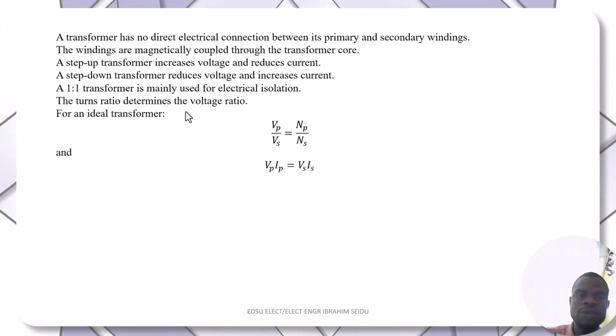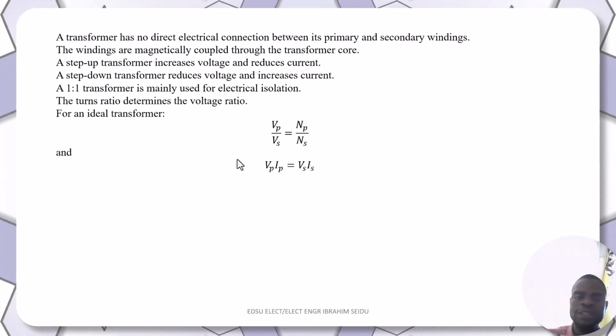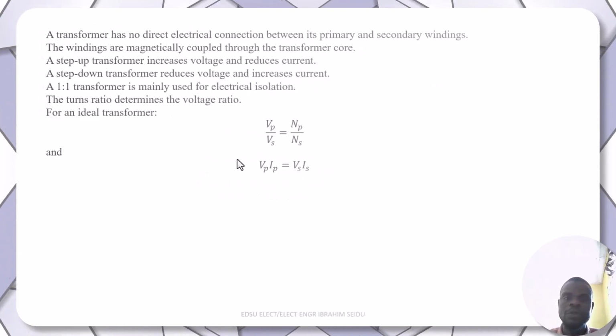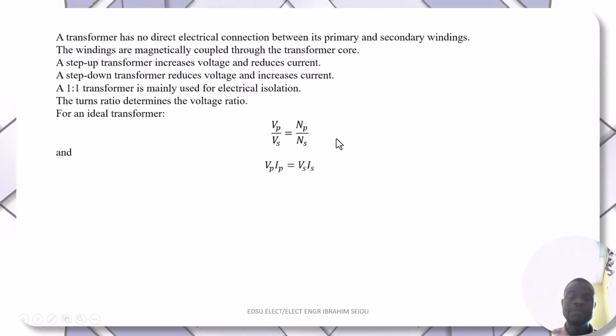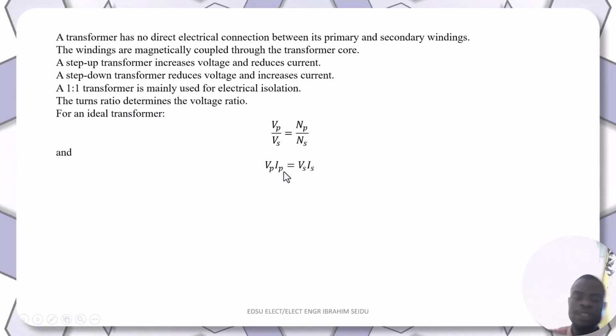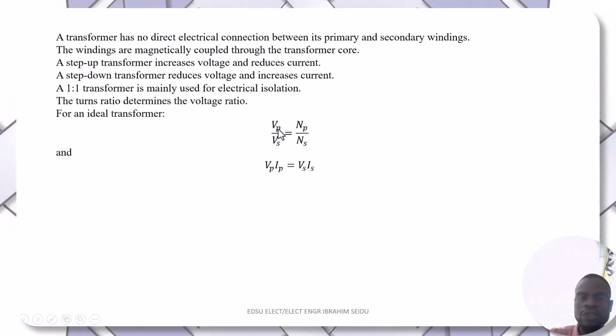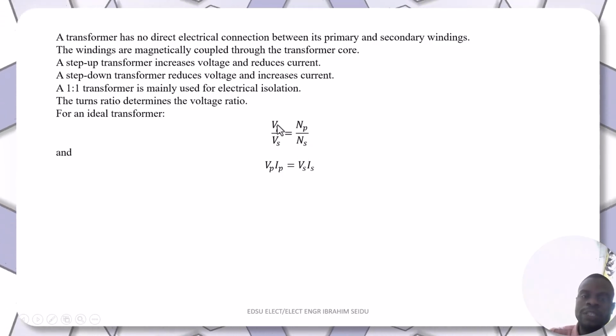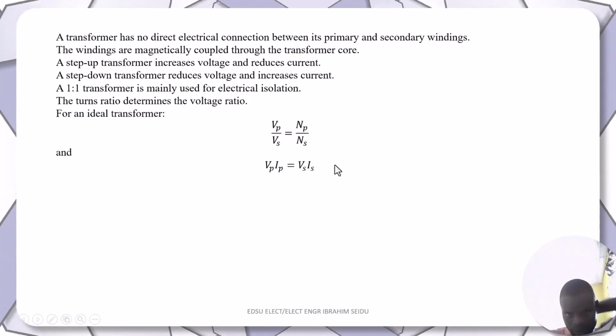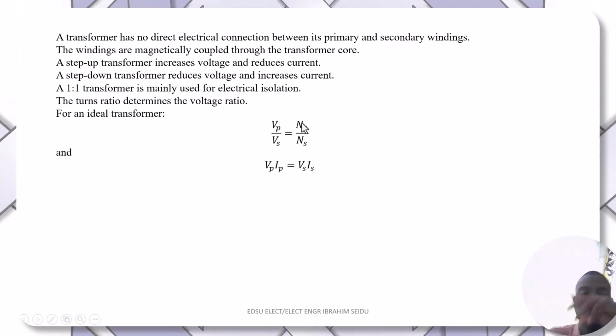I think we have already explained this in the previous slide, but we can see that this is our turns ratio, and this is our turns ratio. When we cross multiply here, it will not give us what we want.